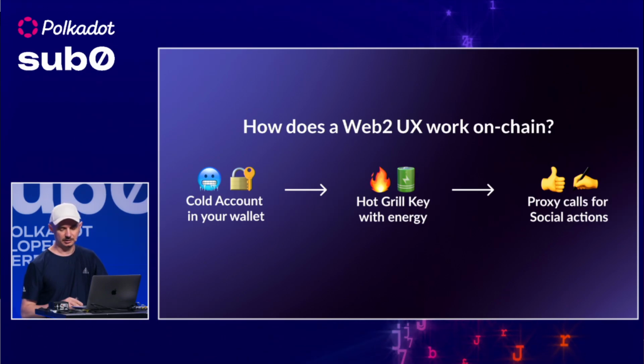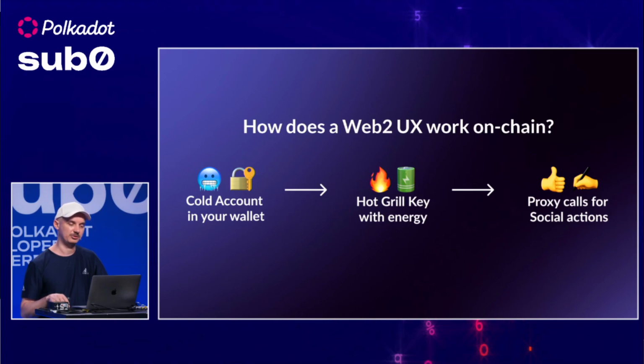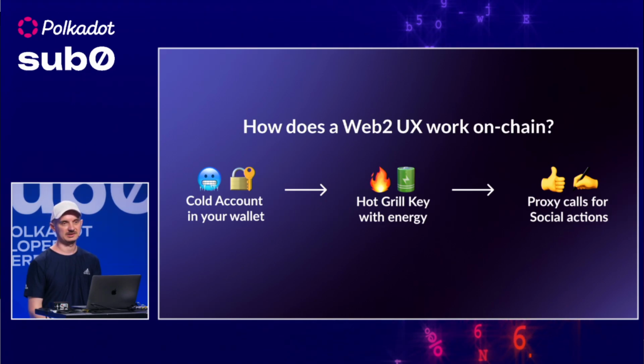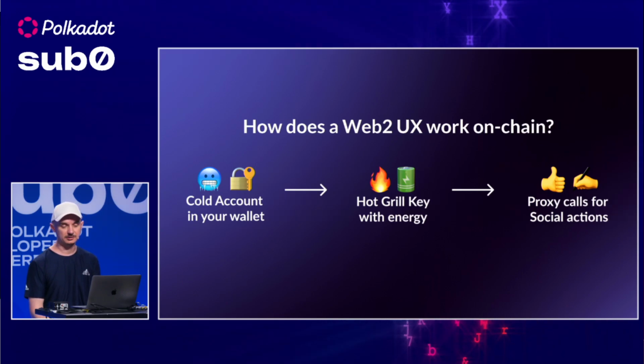Whenever people do any action like post, comment, follow, or whatever, the app uses that hot proxy account to sign silently, I mean, without asking the user for confirmation.